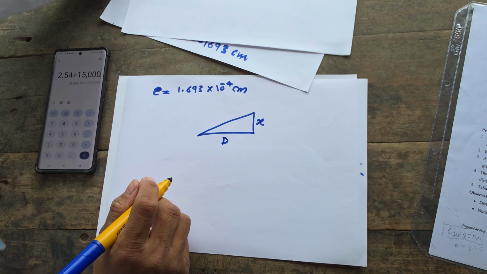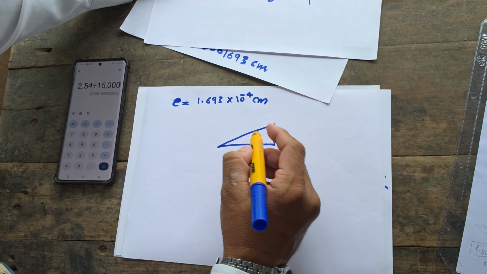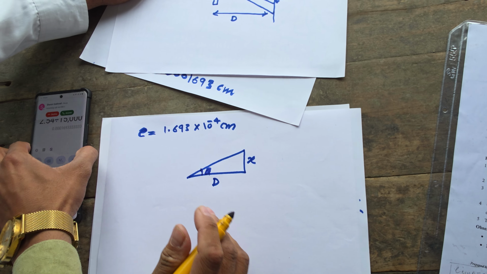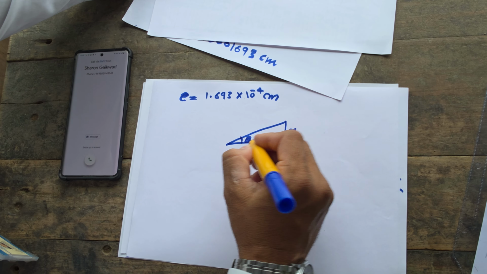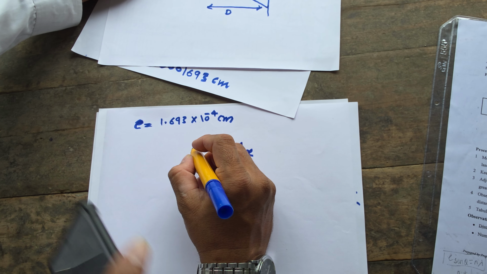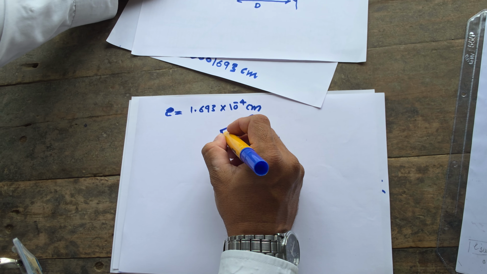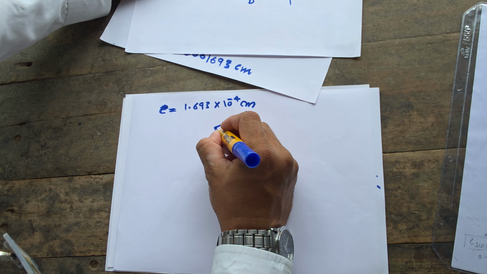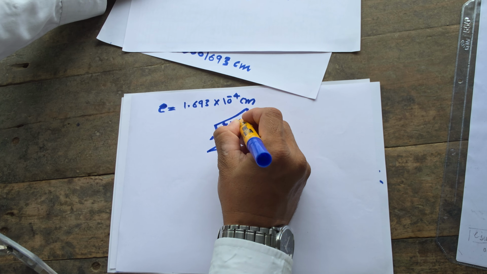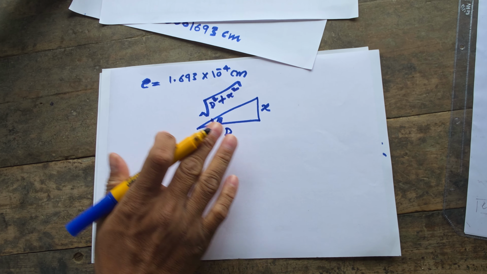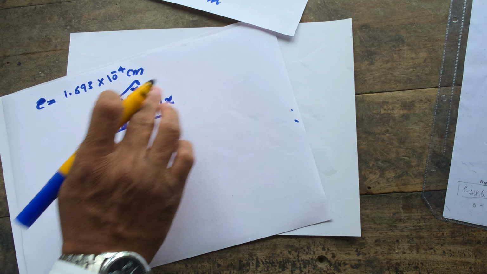So I will call it x, and this angle is theta. By Pythagoras theorem, if you do the calculations, this distance is square root of d square plus x square. So this is the distance of this diagonal.